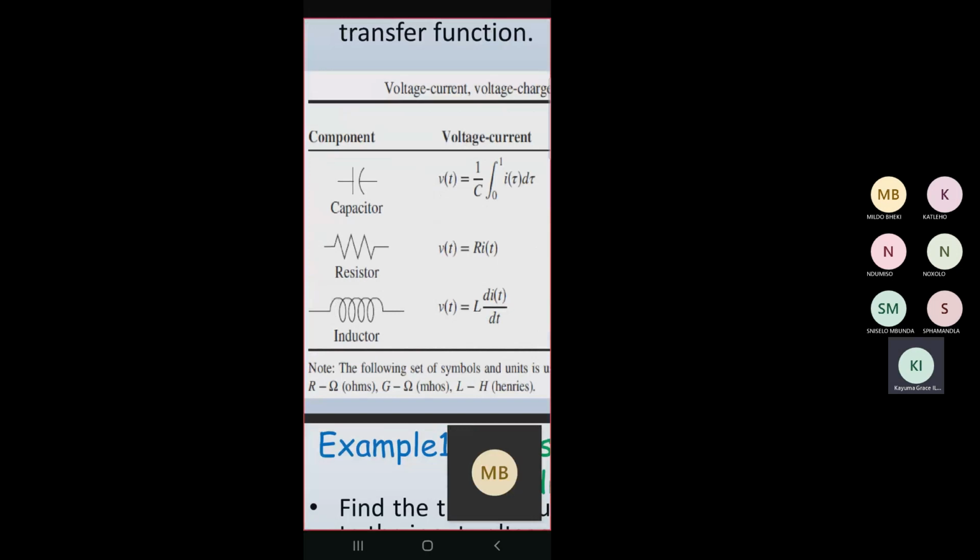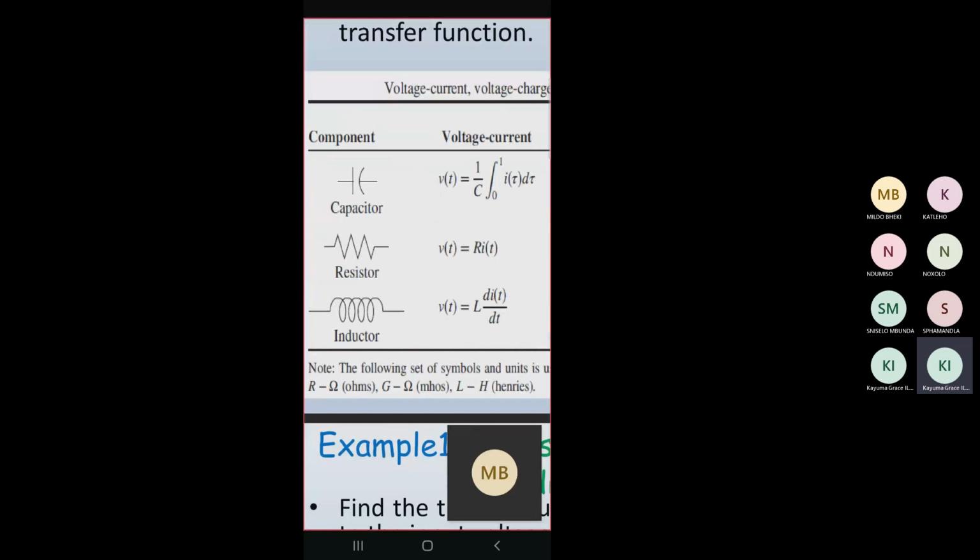This is the formula, which is 1 over C integral of i, from 0 to t. You can remove the boundary. So it's going to be 1 over C integral of i(t). This is i(t), yeah? It is not tau.